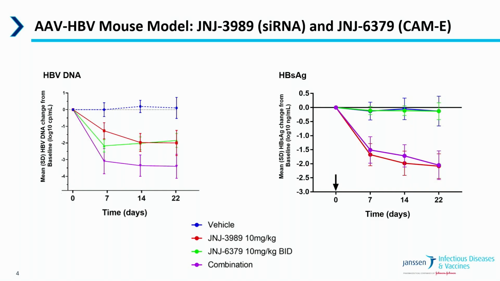On S antigen, you see a clear differentiation between placebo or vehicle and the capsid assembly modulator alone for the two other arms, but the addition of 6379 to 3989 did not show much of a difference in the mouse model.